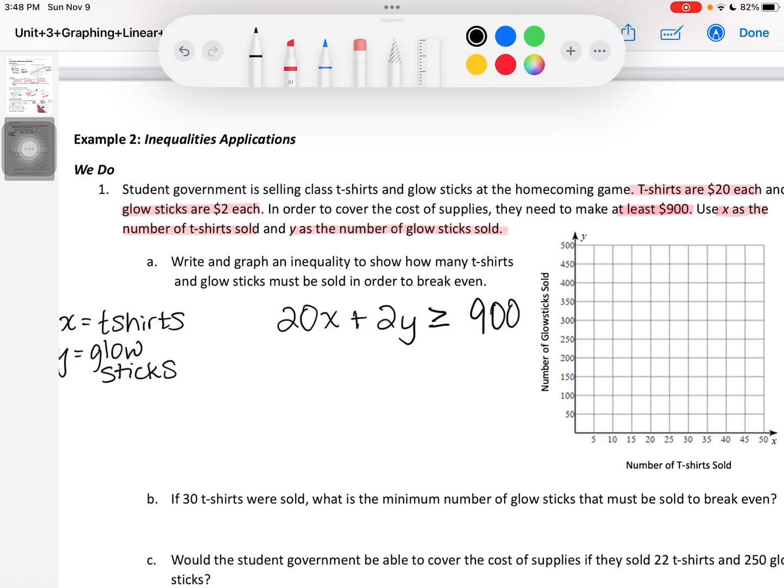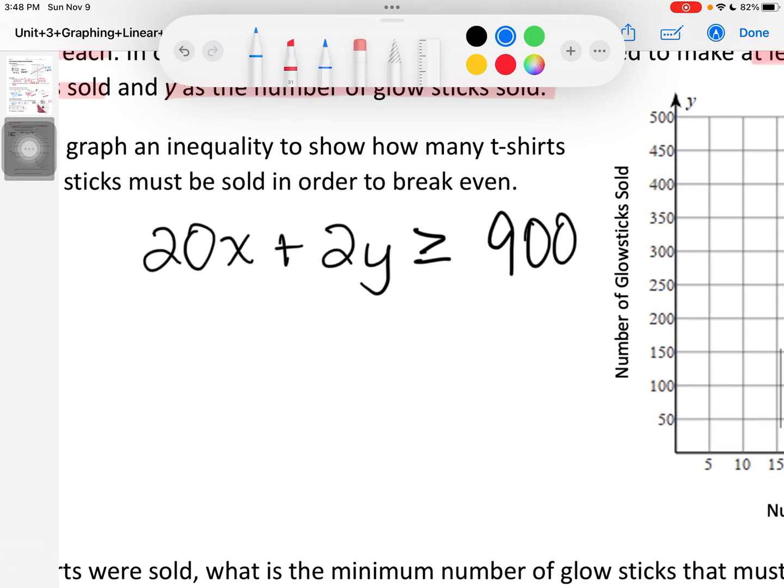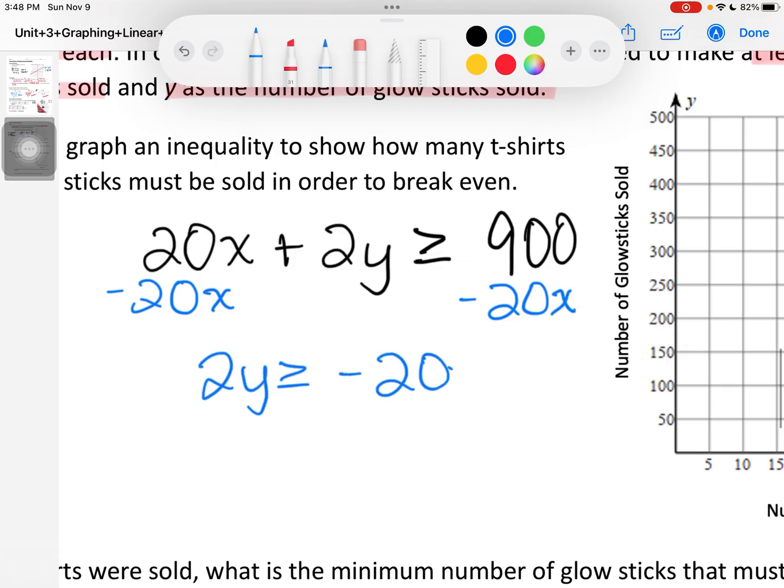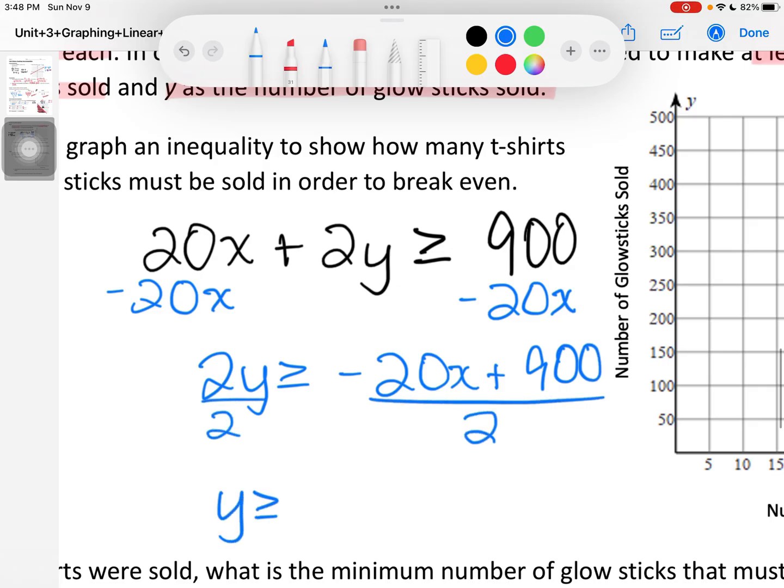Now in order to be able to graph this, it does need to be put into slope-intercept form, which means we need to subtract 20x from both sides. And then we're going to go ahead and divide by 2. That'll leave us with y is greater than or equal to negative 10x plus 450.